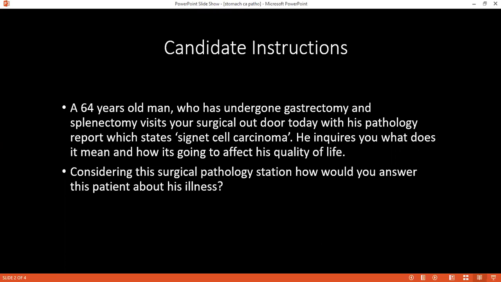Then elderly patients greater than 70 years. Patients that belong to blood group A are also at risk of gastric cancers.